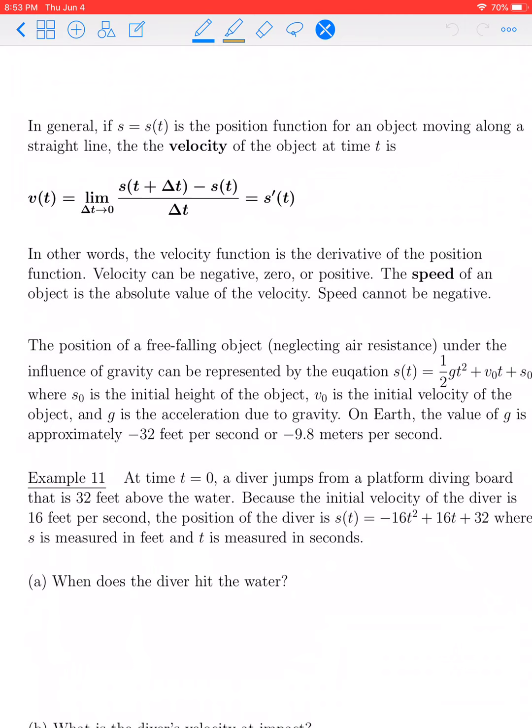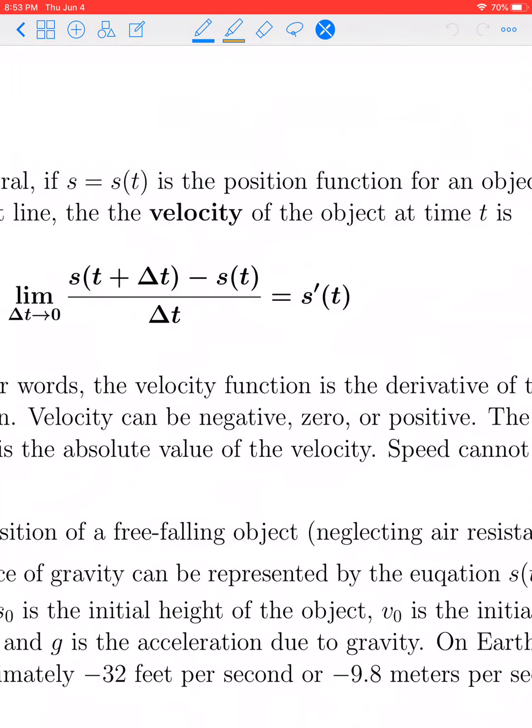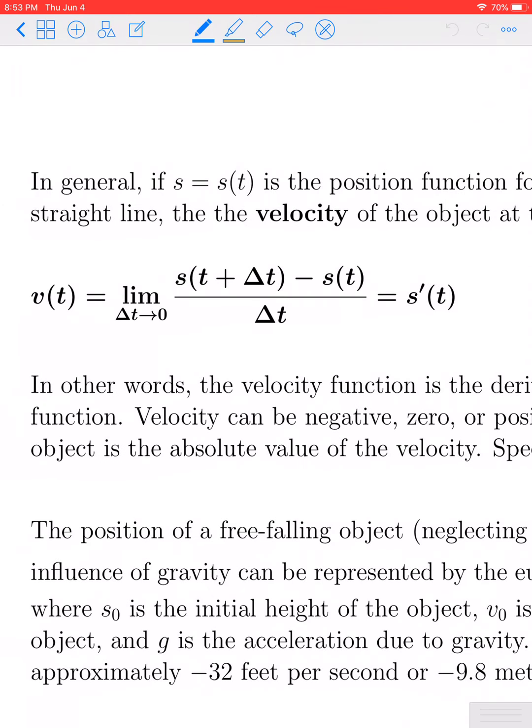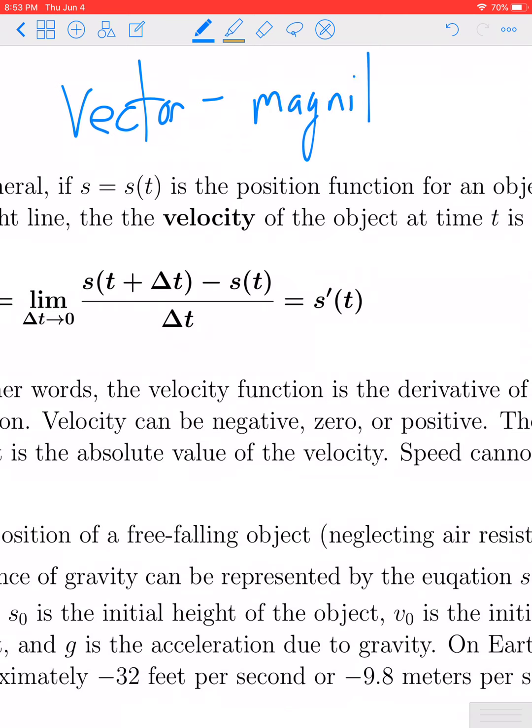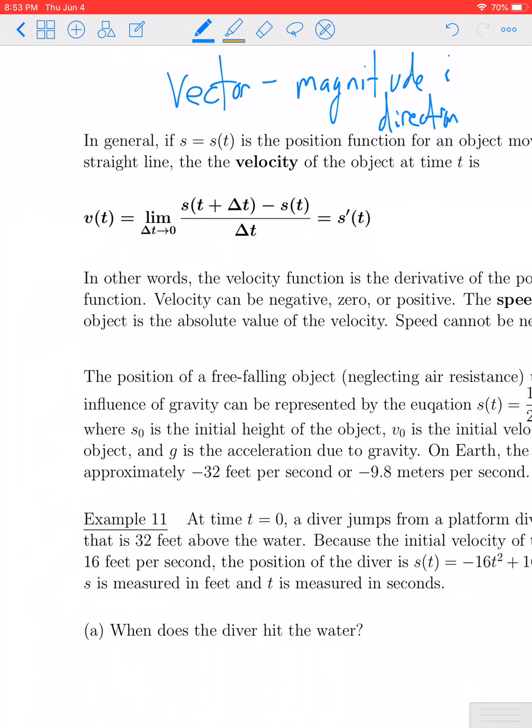One of the things we all might remember from physics is that things like speed and velocity are what we call vector quantities. Okay? And what's important about a vector quantity is it's something that has both a magnitude and direction. In this context, when we talk about one-dimensional motion, the magnitude is the absolute value of the value that we get out.